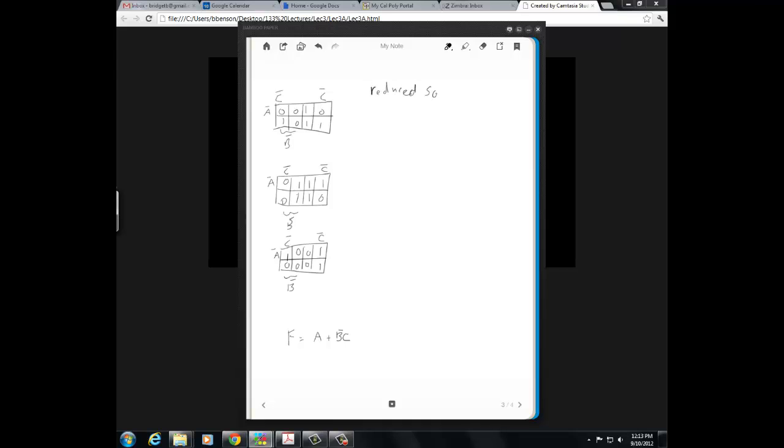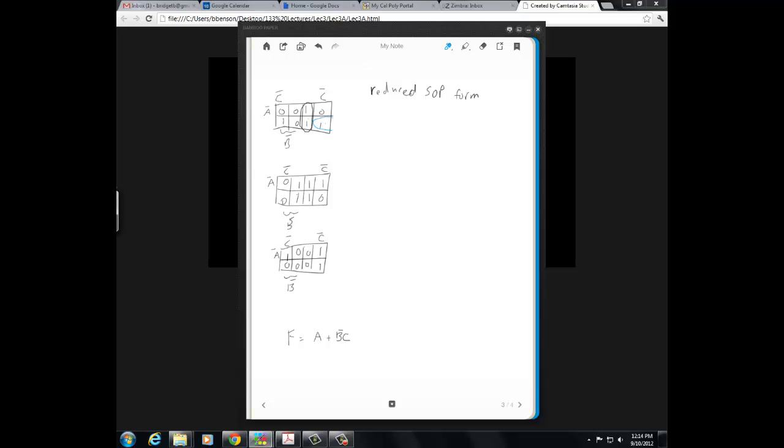Reduced SOP form. So we're going to group the ones in first as large a group as possible, and each group has to be a group of a power of 2. So here we've got this one and this one can be looped together. And then we have this one. This one could be looped with this one, but it could also be looped with this one.